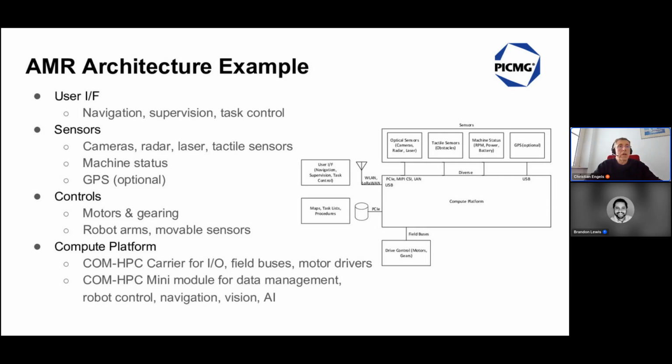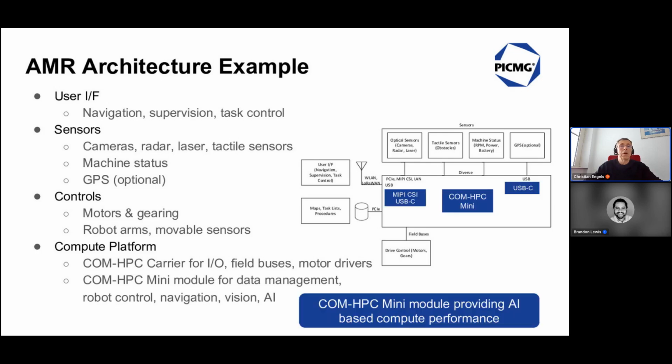And then you need to control everything. So the motors and gearing and robot arms and such need to be controlled by the platform itself. So it's a mixture of identifying the environment, moving stuff, and making decisions all on the same compute platform. And then we once again can put this on a COM-HPC Mini platform.